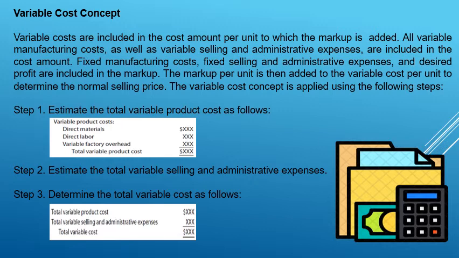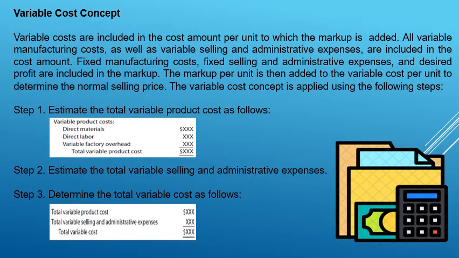So fixed manufacturing cost, fixed selling and administrative expenses, and the desired profit are included in the markup. So the markup per unit is then added to the variable cost per unit to determine the normal selling price.